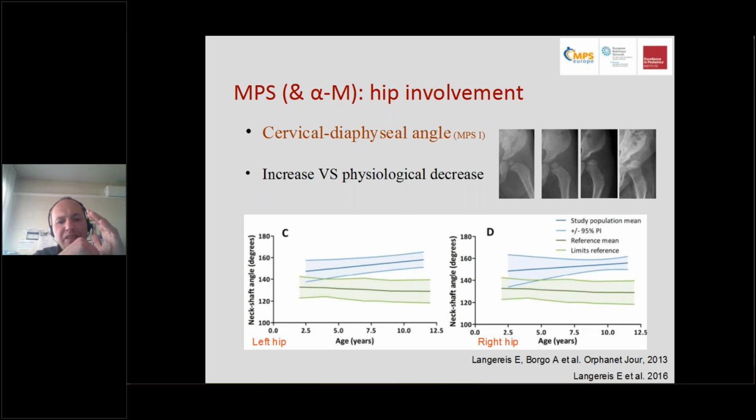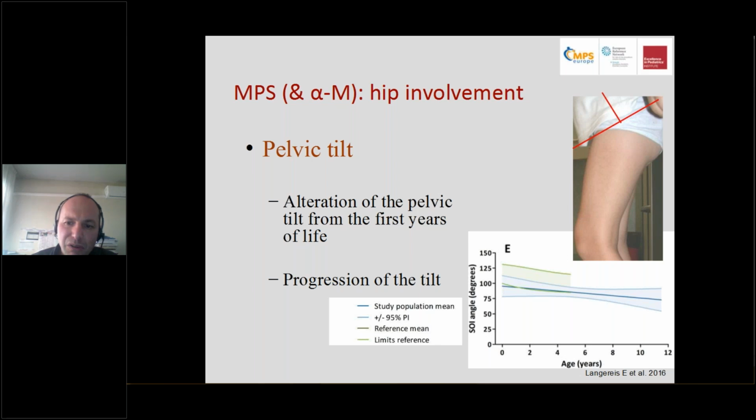So there is no decrease and no hip inside the socket, as the cervicodiaphyseal angle goes straight like this. I know that you are familiar with mucopolysaccharidosis, and so you commonly observe a stiffness of the hip that leads to a forward tilting of the pelvis, and this is another point that makes the situation of the hip worse.